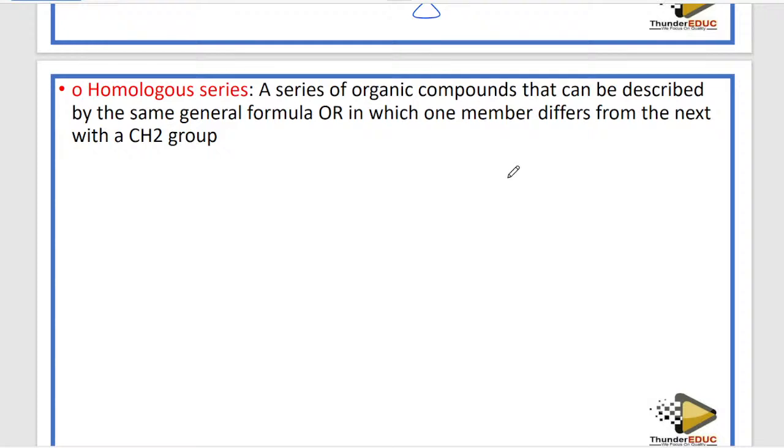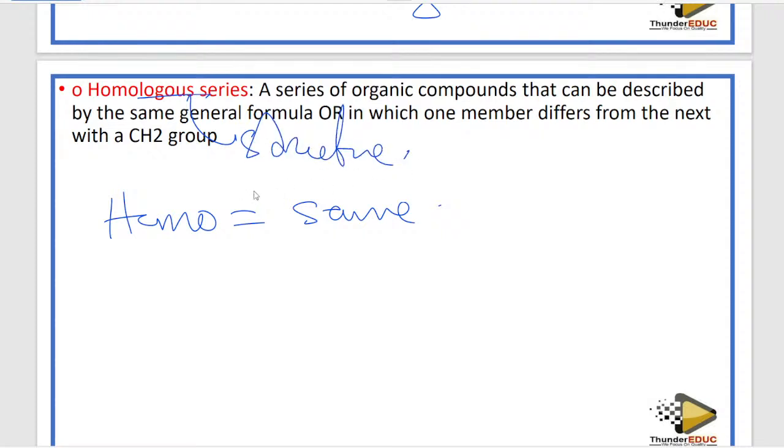Homologous series. Here, the story begins. When you talk about homo, in science it means the same. Logos means the structure. Meaning that these structures have something in common: the same structures or the same general formula.